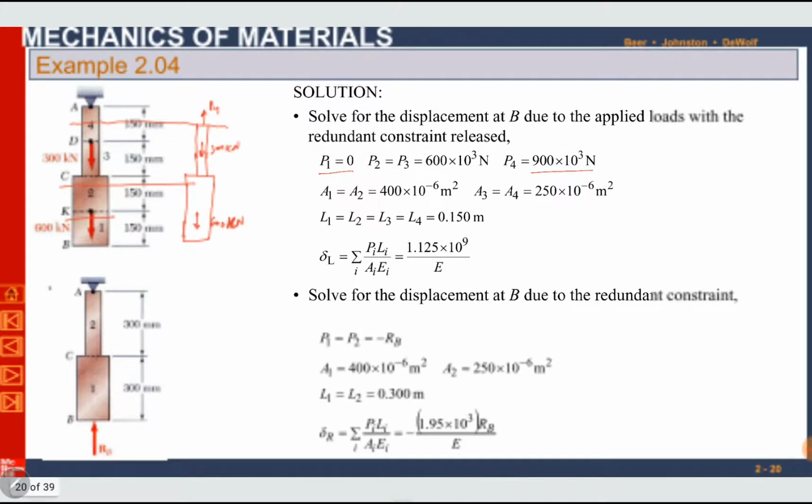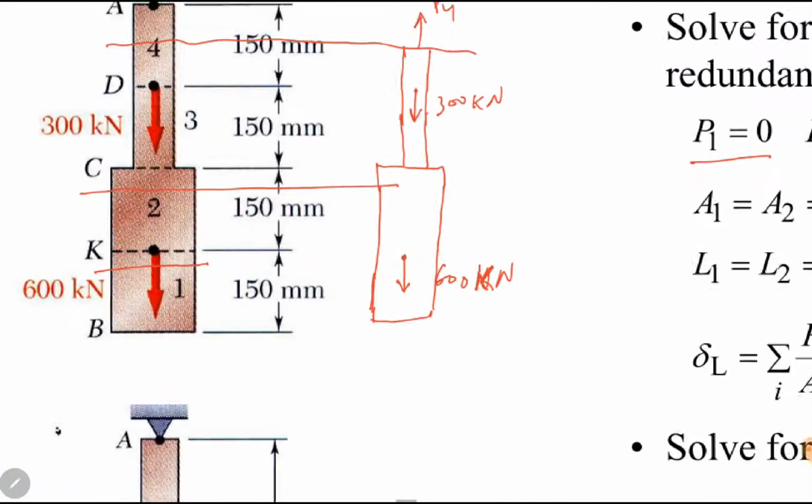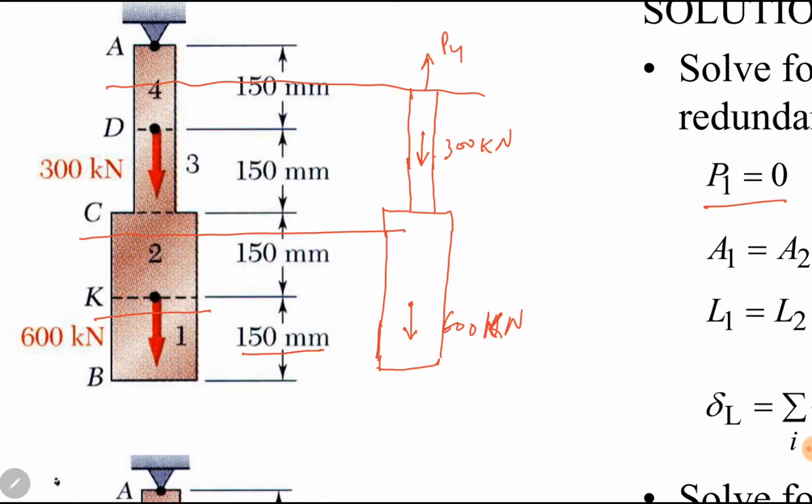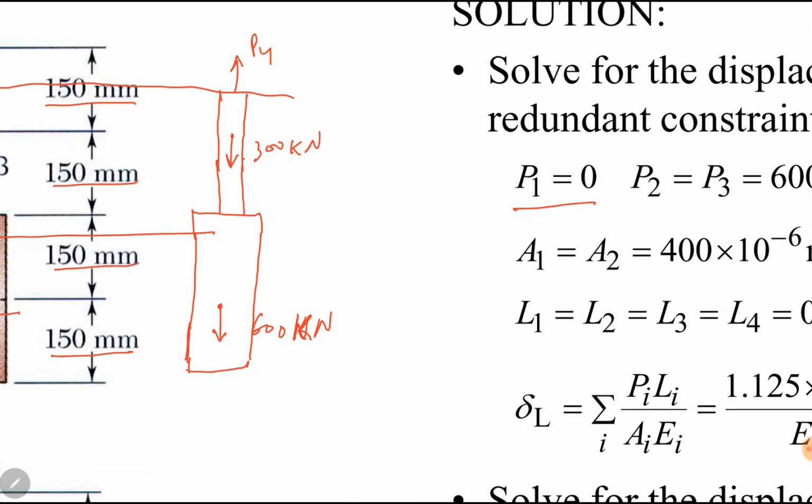All these forces were tensile. I have mentioned them as tensile forces, and the directions were tensile directions, and all the values are positive, so our assumed directions are correct. Section 1 has a length of 150 millimeters, and sections 2, 3, and 4 are also 150 millimeters long.